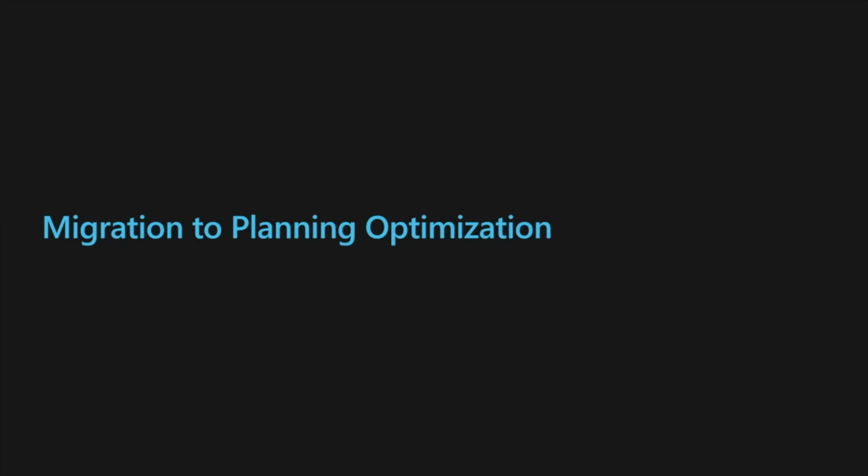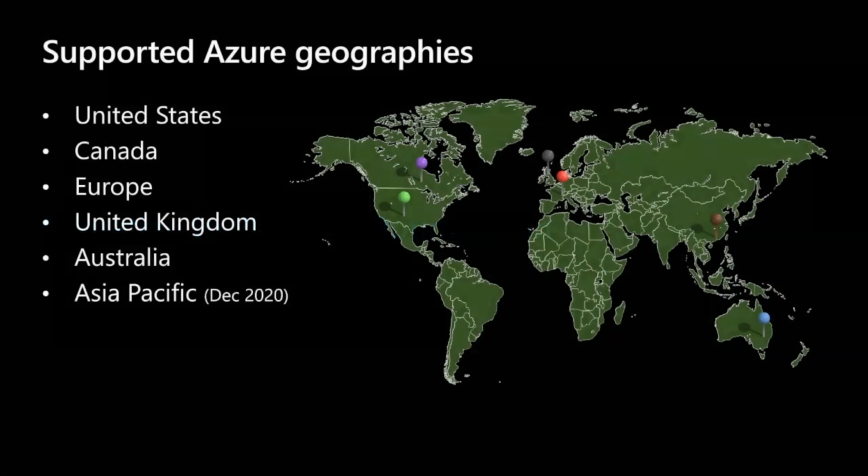We encourage basically all new customers who are implementing Dynamics 365 supply chain management to use planning optimization if at all possible. And for existing customers, we are encouraging them to migrate as soon as possible.